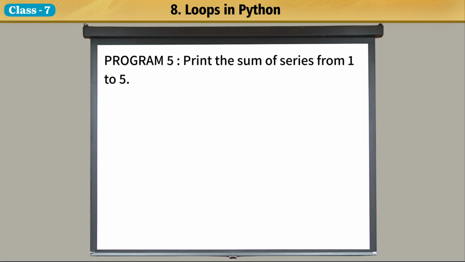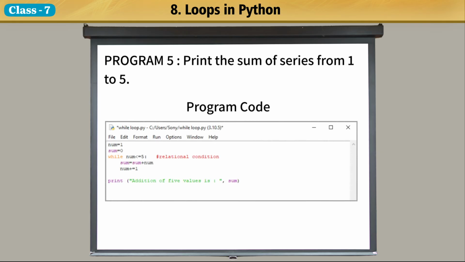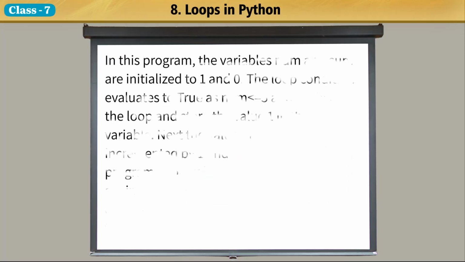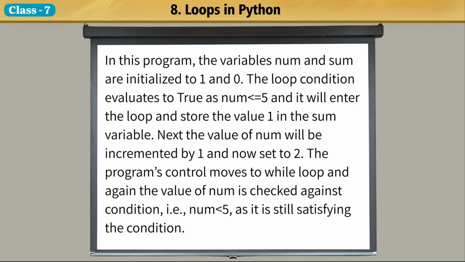Program 5. Print the sum of series from 1 to 5. Program code. Output in interactive mode. In this program, the variables num and sum are initialized to 1 and 0. The loop condition evaluates to true as num is less than or equal to 5, and it will enter the loop and store the value 1 in the sum variable.